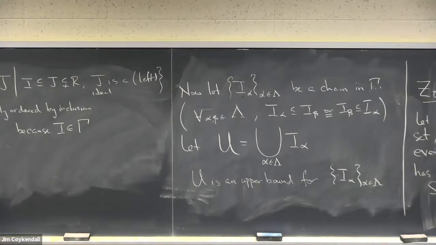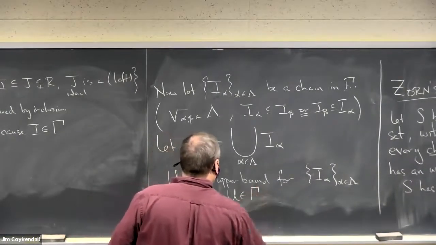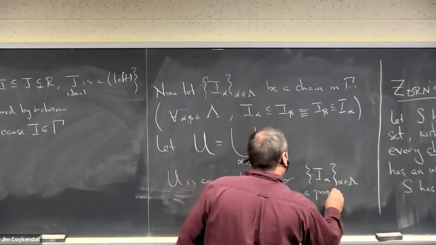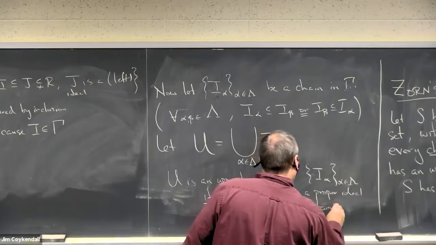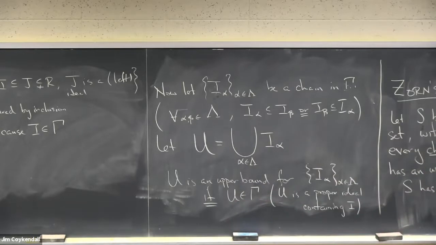It only remains, if U is in gamma, that is to say, U is a proper ideal. So if you take the union of this whole mass, that's certainly going to be greater than or equal to every ideal. It's going to contain all of them, if I can prove that it's a proper ideal that contains I.